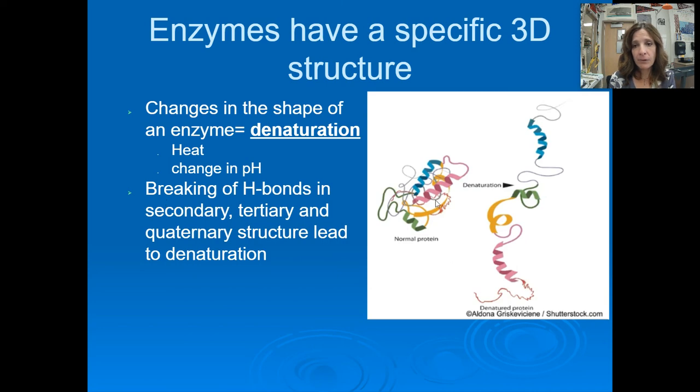And what's happening, remember, to get it to this nice tertiary structure, quaternary structure, you have hydrogen bonds that are holding that together. So when the enzyme becomes denatured, those hydrogen bonds break. And remember, the primary structure of the enzyme or protein is intact, but the others disintegrate.